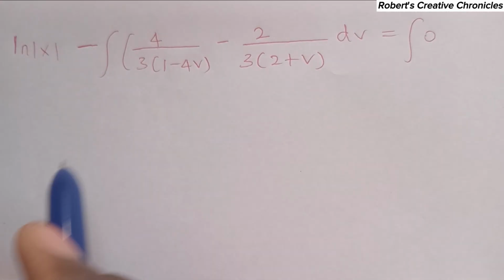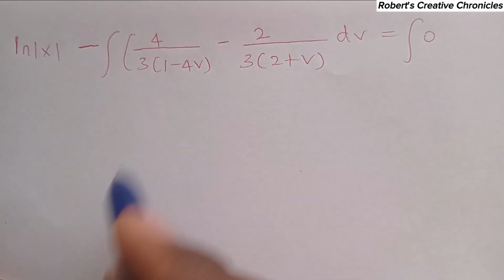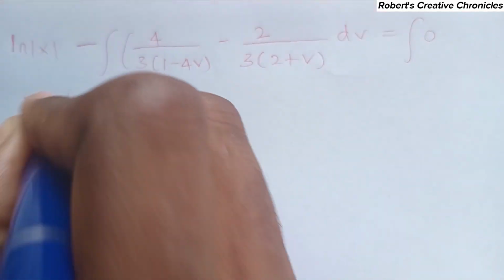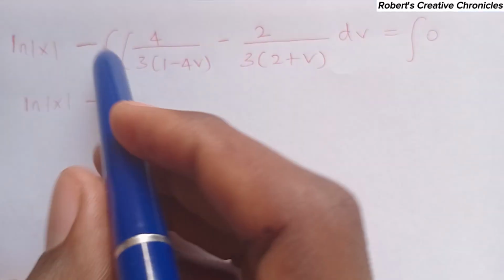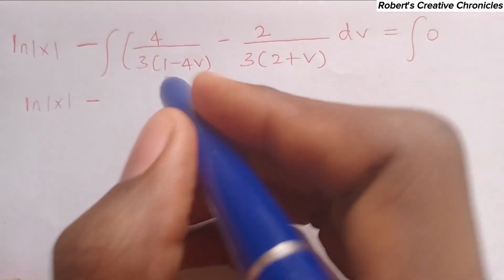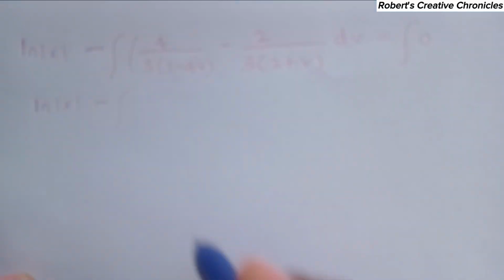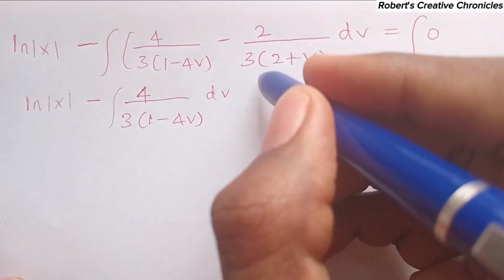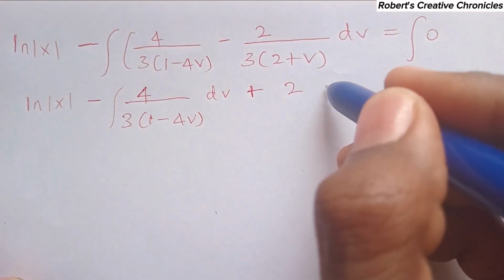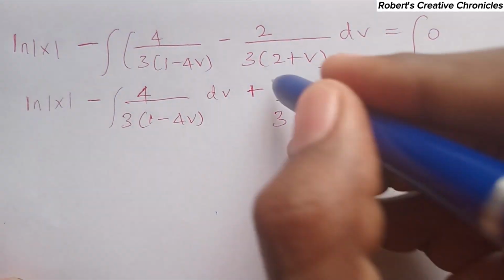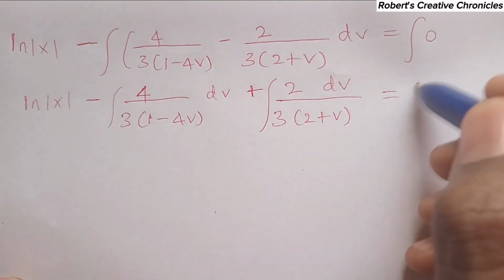So this becomes ln x. Then we open the bracket with the minus: minus the integral of 4 over 3, 1 minus 4v, dv, then minus times minus is plus, plus 2 dv over 3, 2 plus v, and the integral equals the integral of 0.